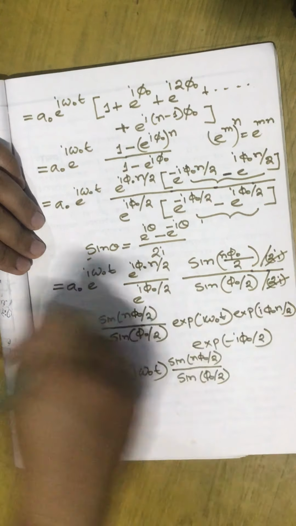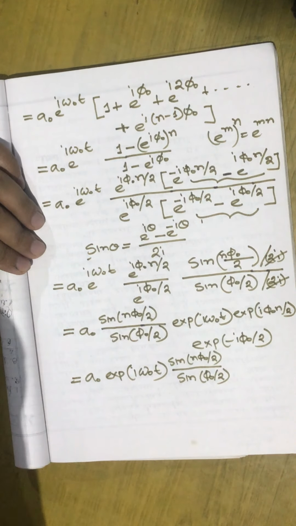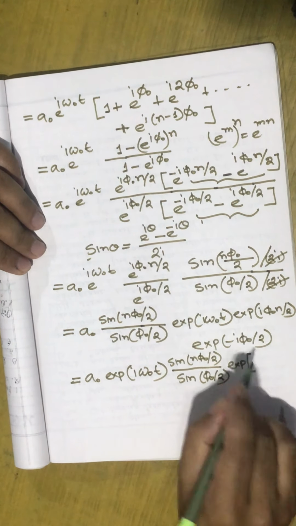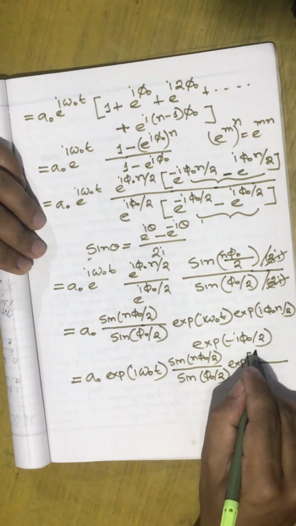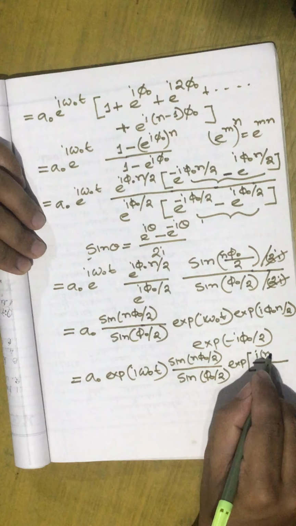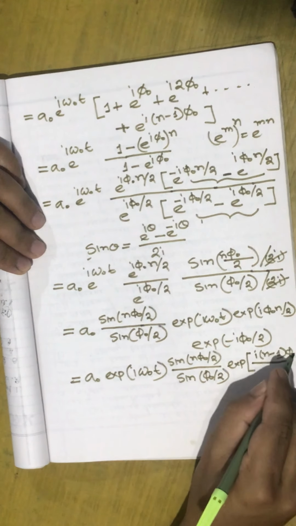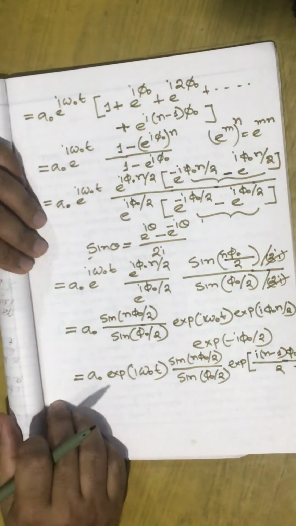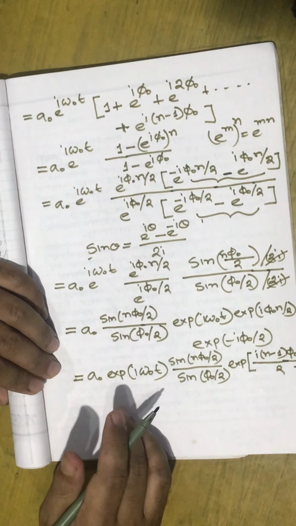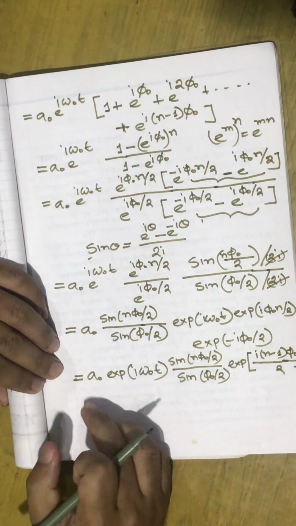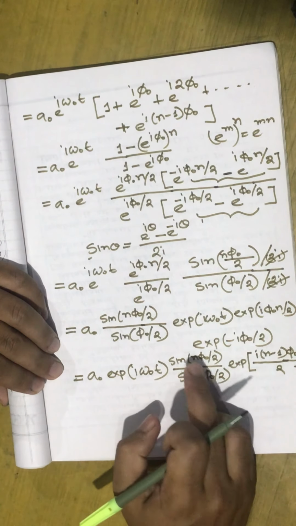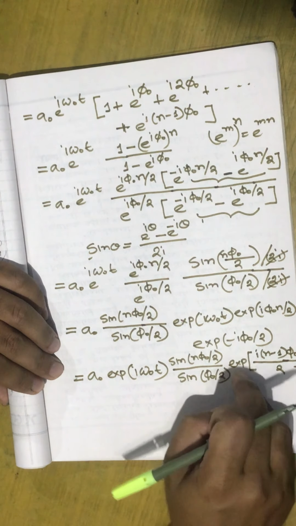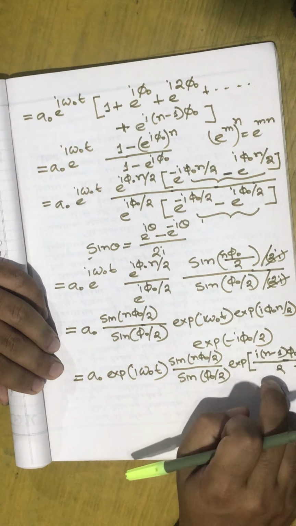Then I will just add up these two terms. This term will give exponential, where I take out i n minus 1 phi naught divided by 2. So if I write the final expression, it will be a naught exponential i omega naught t, sine n phi naught divided by 2 divided by sine phi naught divided by 2, into exponential i n minus 1 phi naught divided by 2.